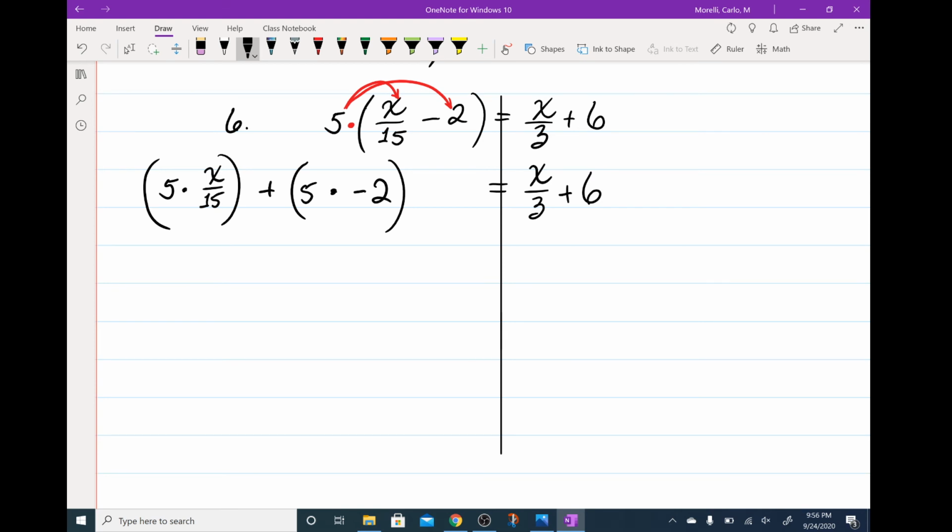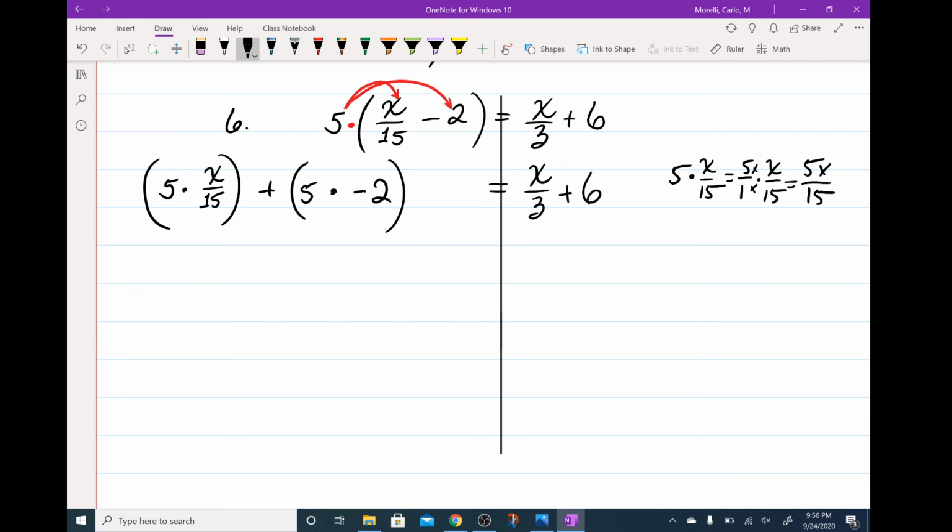All right, so now in side work, take a look. We've got 5 times x over 15. That's this right here, okay? Well, what that is equal to is 5 over 1 times x over 15. Multiply across the top and across the bottom. You get 5x over 15, okay?